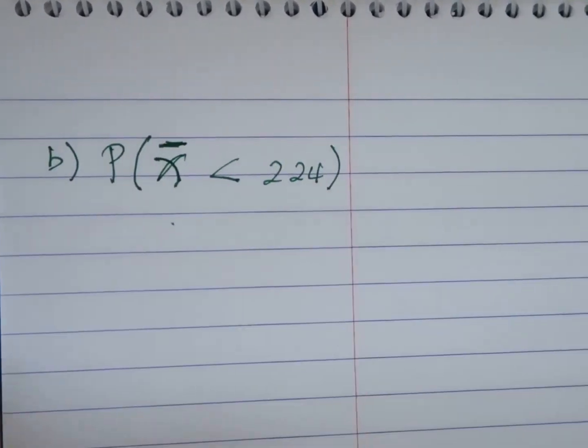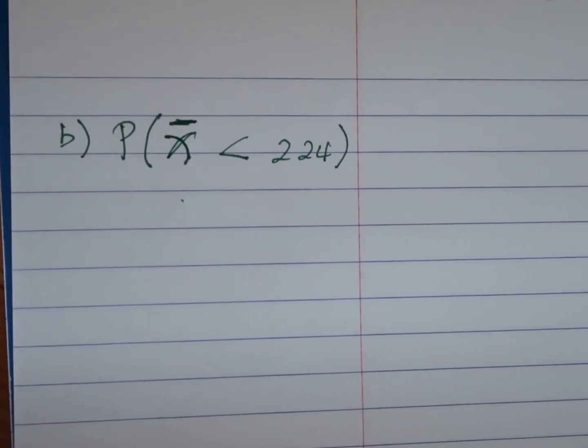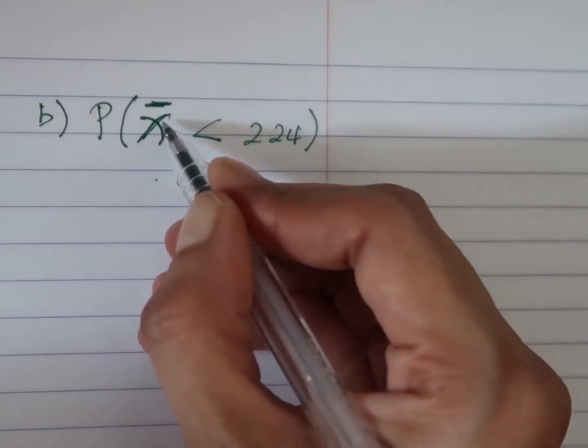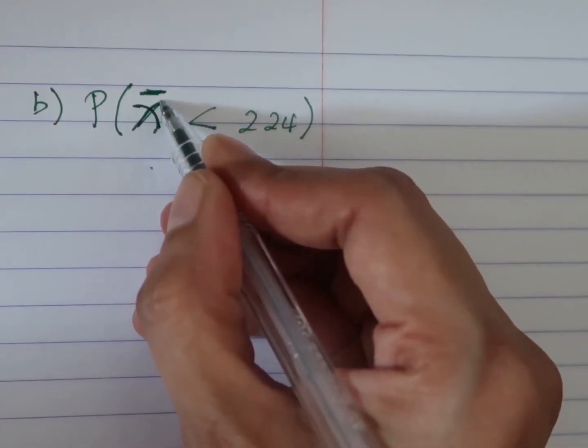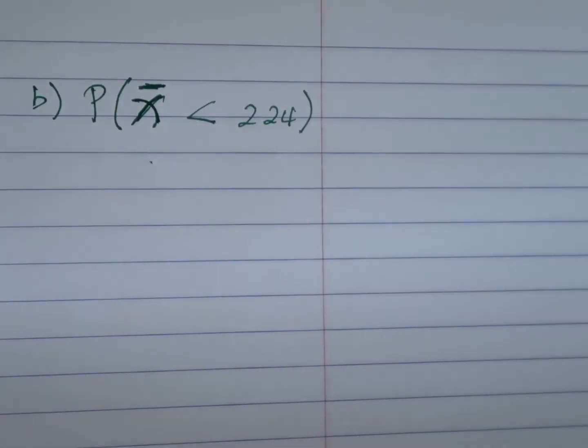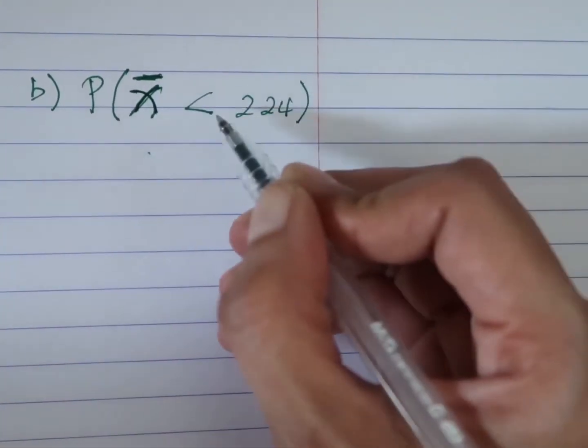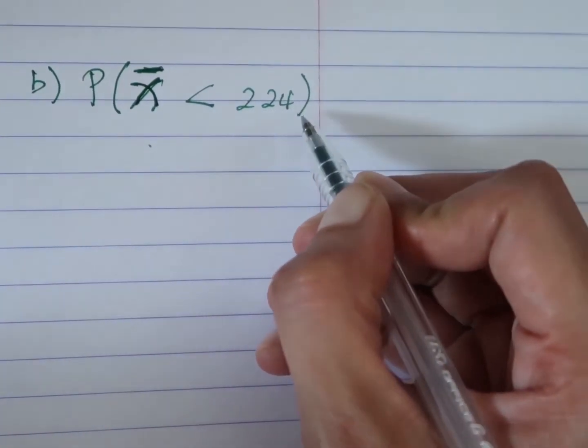In the previous example, it's only X because you're pertaining to a selected person. In letter B, it's not X anymore. It should be sample mean because it's according to the given. Find the probability that the sample mean is less than 224.